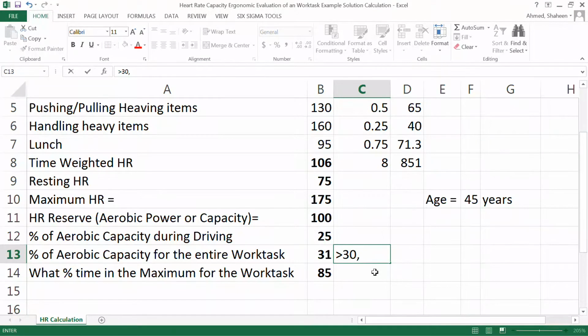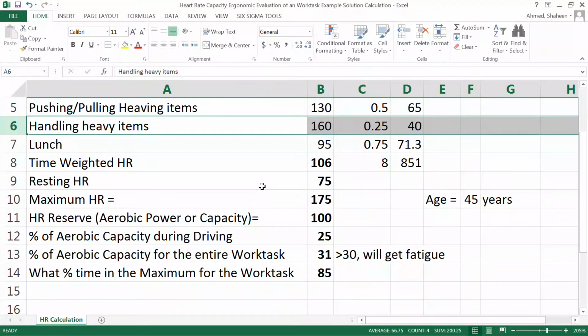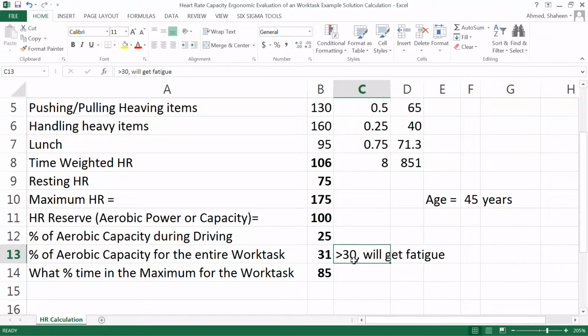Now, what can you do to reduce the fatigue? You can reduce the rest break. You can reduce the handling of heavy items, where the heart rate goes very high. You can do that.